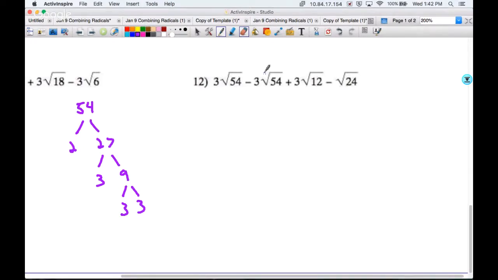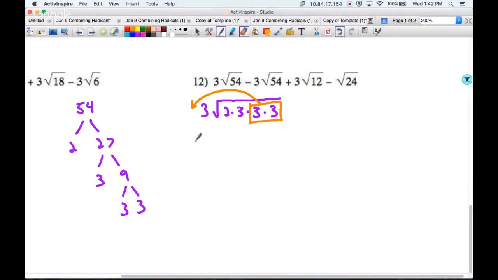So the square root of 54 is the same as the square root of 2 times 3 times 3 times 3. I can make one group of 3's and take them out, multiply them to the front, and what's left behind, we'll just put those back together, the 2 and the 3.